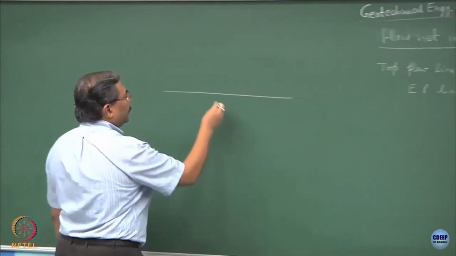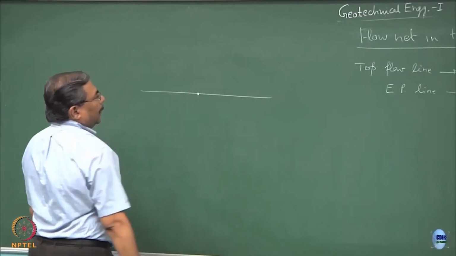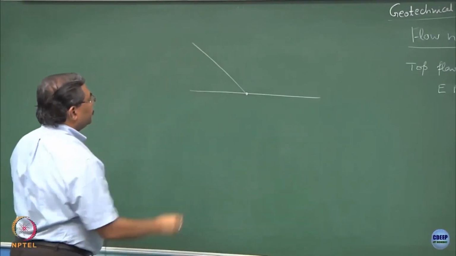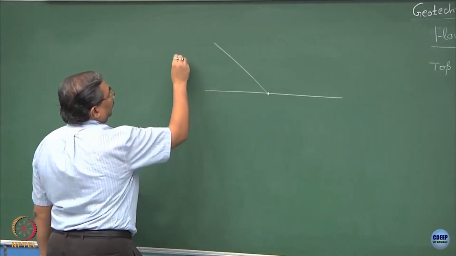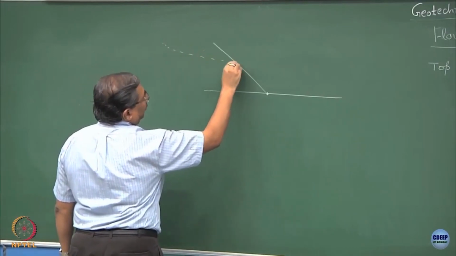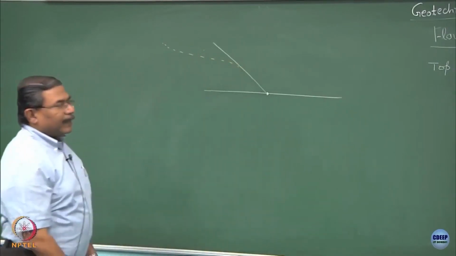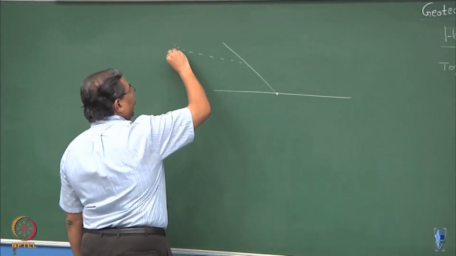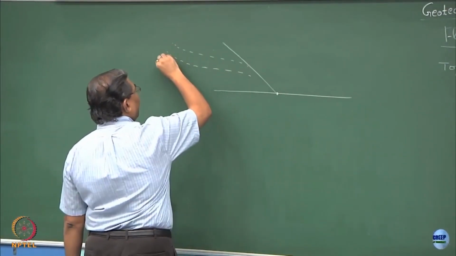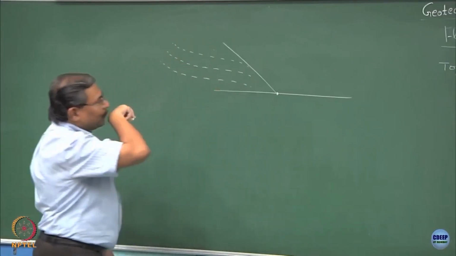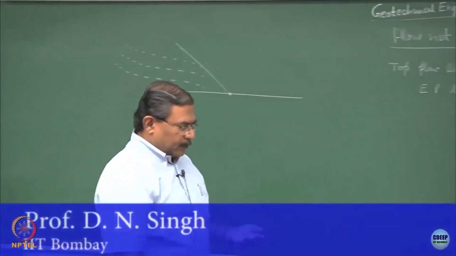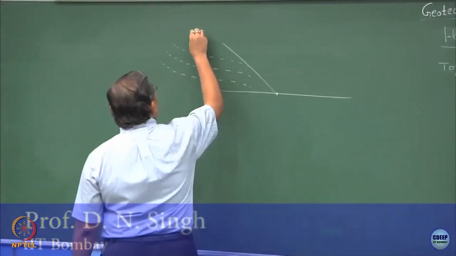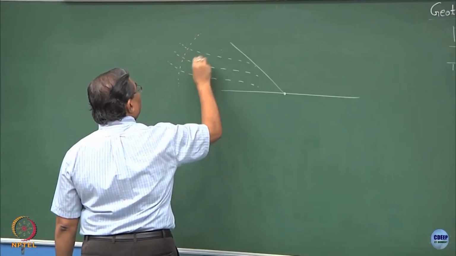if I consider that this is the dam, and if I have the top phreatic line like this, the next phreatic line like this and like this, the equipotential lines to this would be perpendicular to the flow lines.